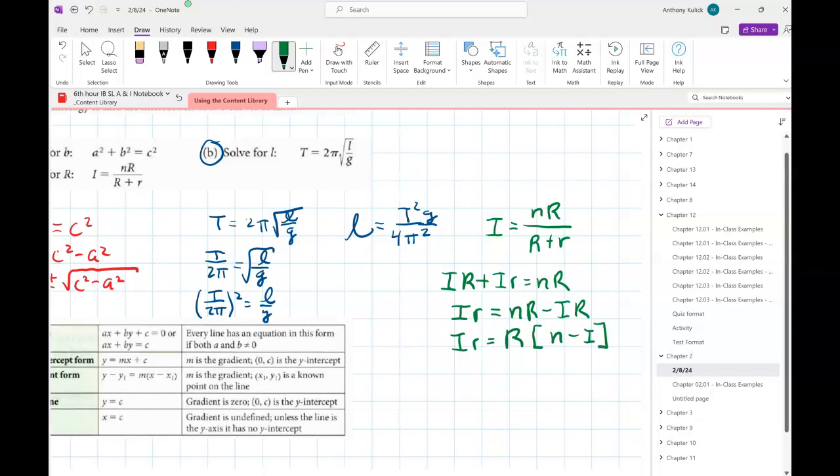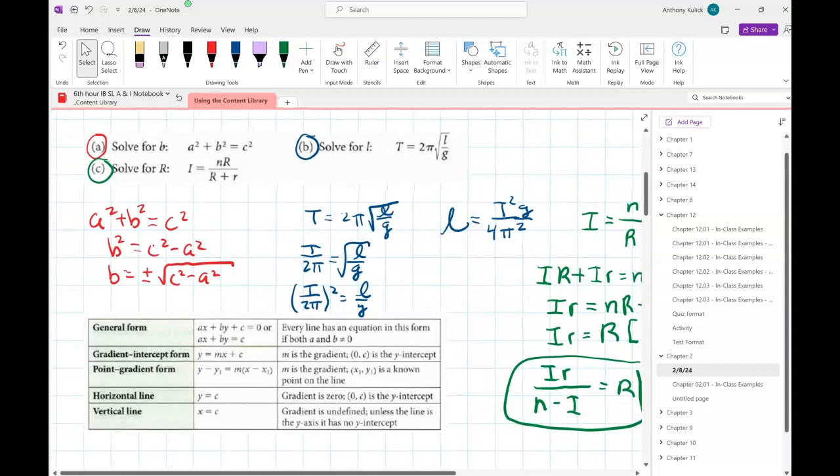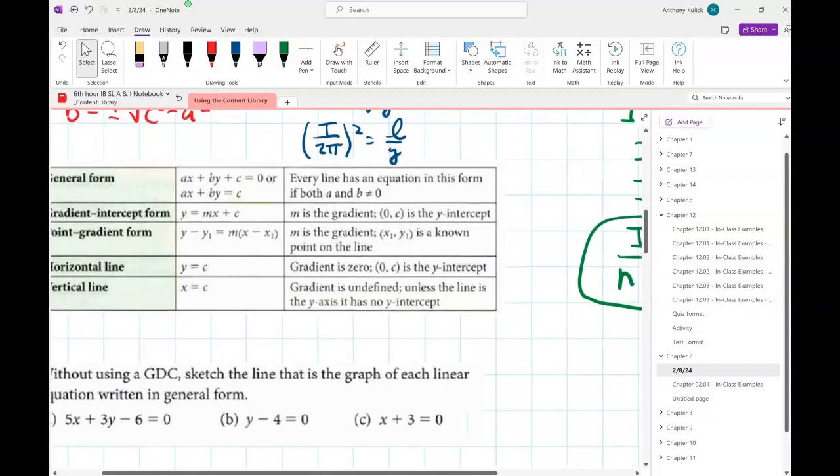That'll make the r from two different locations into one location. That's the key. Every time you see a variable in multiple locations, you're going to have to factor. And then to get the big R by itself, we're just going to divide by n minus I. And that'll do, right? You guys vaguely remember doing that kind of stuff? Yeah. Okay.